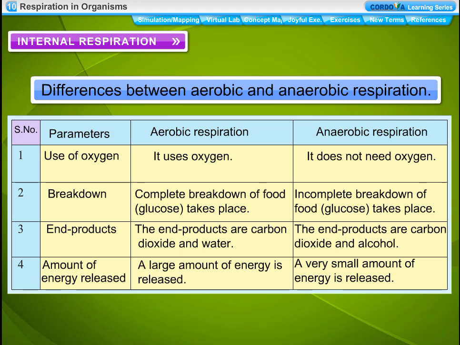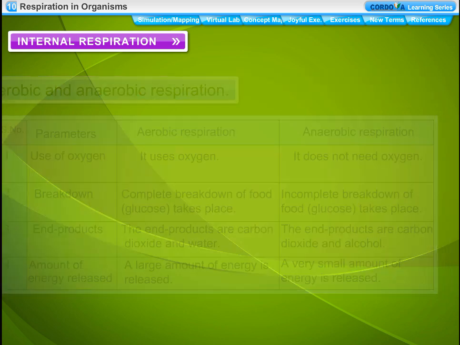Incomplete breakdown of food, glucose, takes place. 3. End products. 4. Amount of energy released. In aerobic respiration, the end products are carbon dioxide and water. A large amount of energy is released. In anaerobic respiration, the end products are carbon dioxide and alcohol. A very small amount of energy is released.